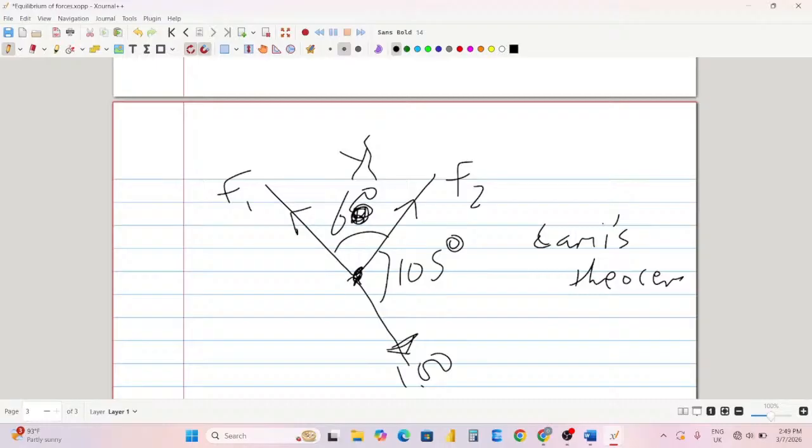Then this is F2, whatever you get here. So how do we get the angle on this side? Obviously this is the alpha. Alpha is 105. So what should beta be? Someone should put in the comment section what beta is. Let me give you a minute or two to figure out what beta is.